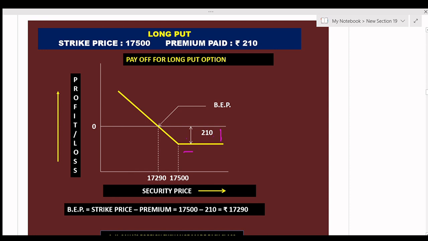If it is lower than the strike price, then you will start to profit, and this is the break-even point, that is 17,500 minus 210, it will be 17,290. From this level, he will gain.